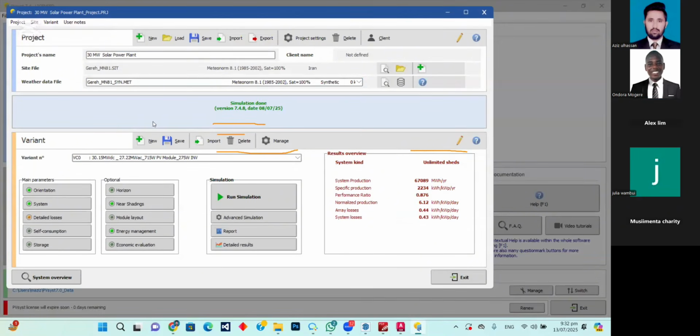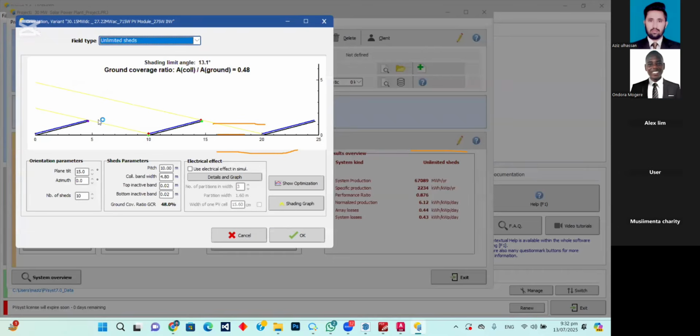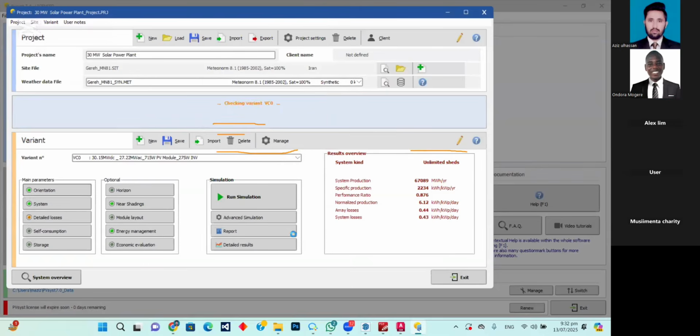Yes. This is the first page of the PVsyst software, in which we give the name of the project, then the weather data we get from that, and then the orientation, in which we give the tilt angle and azimuth of the project.